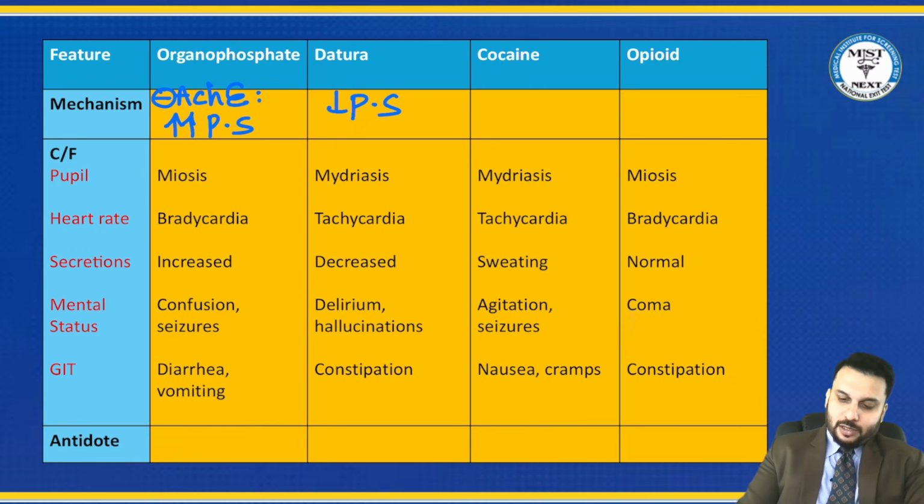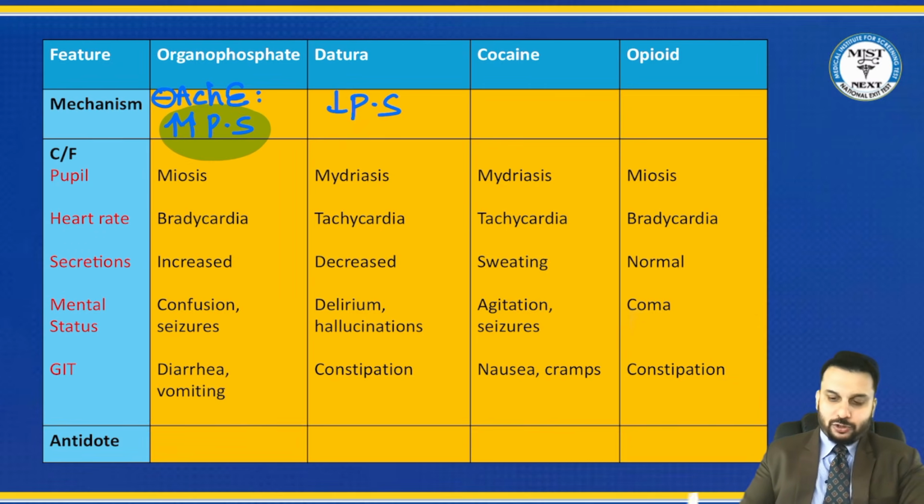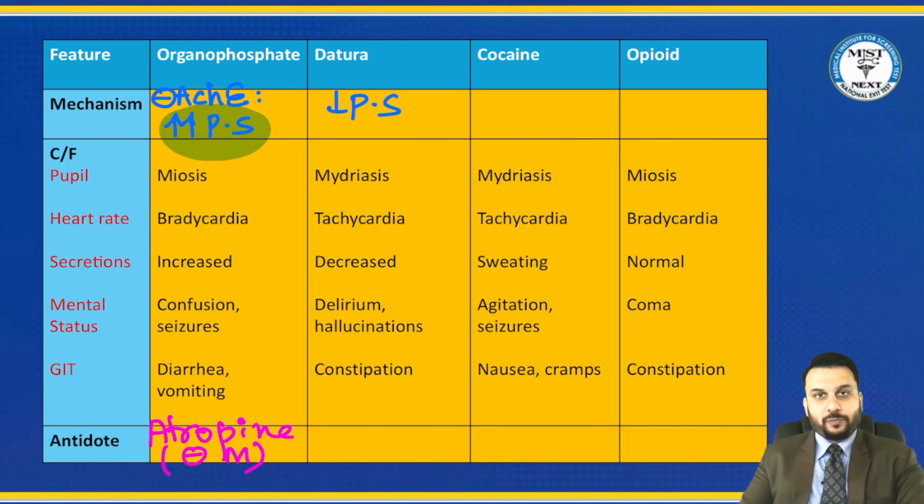Now, in the first situation, parasympathetic activity is too much, so I want to reduce the parasympathetic, for which I must give you a drug called atropine. So what does atropine do? Atropine will block muscarinic receptors and reduce parasympathetic activity.